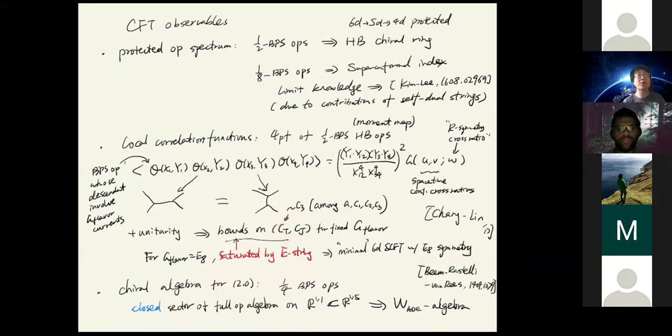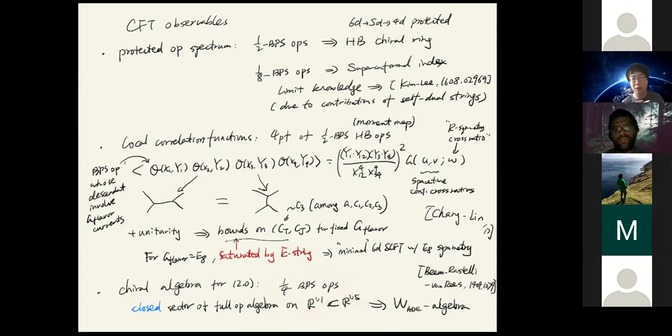And something also special happens for the case when you have (2,0) supersymmetry. So in the (2,0) case, there's a very nice subsector of the full operator algebra, which can be characterized exactly. Okay? These are certain 1/4 BPS operators in the (2,0) theory, and they form a closed subsector of the full operator algebra when you restrict them to a plane inside the 6-dimensional spacetime.